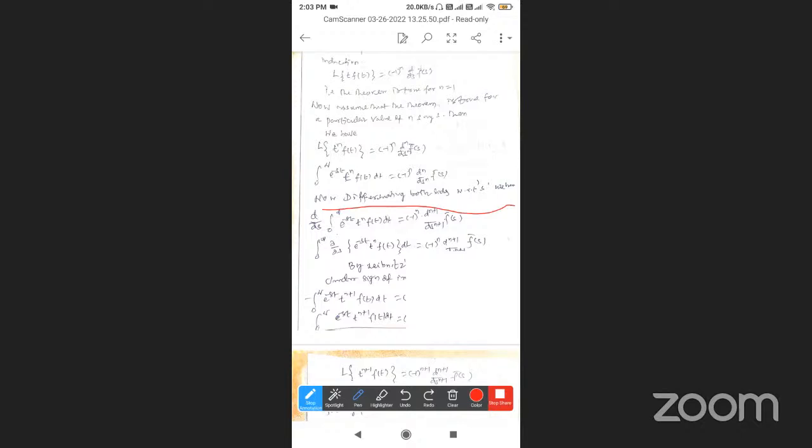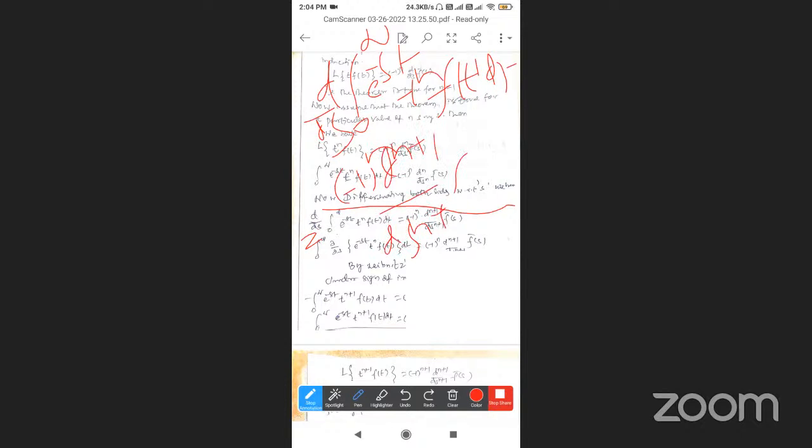The left hand side is d by ds of the integral 0 to infinity e power of minus st into t power of n into f of t dt, which is equal to minus 1 whole power of n, already the n-th derivative in s, and again a derivative in s, d power of n plus 1 by ds to the power of n plus 1 into f bar of s.